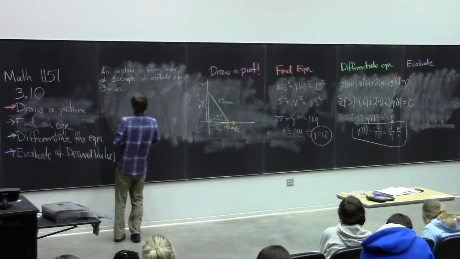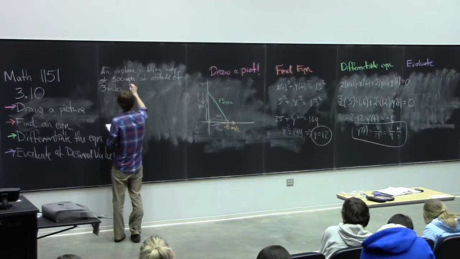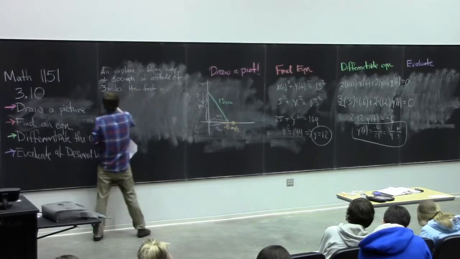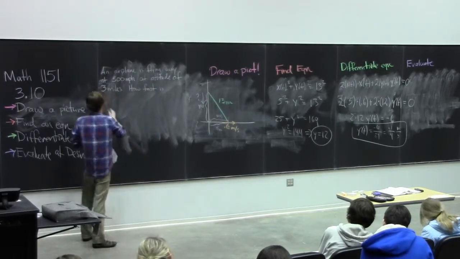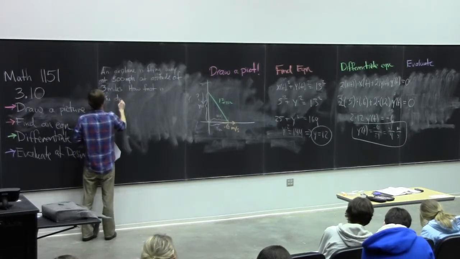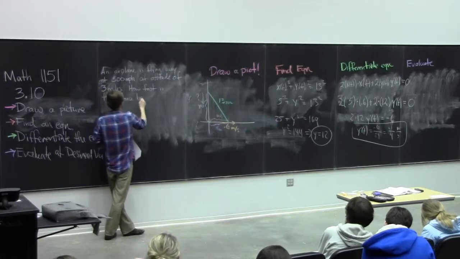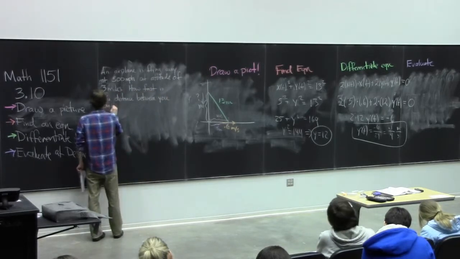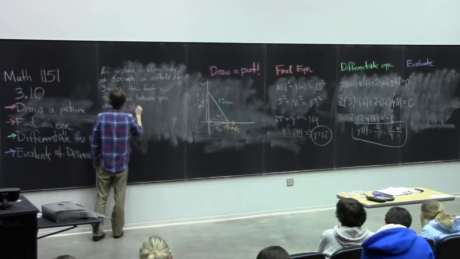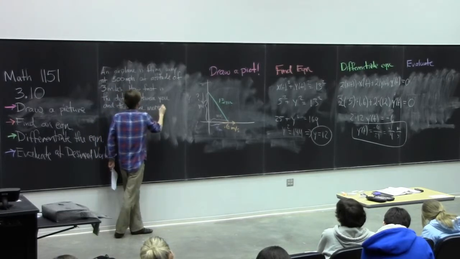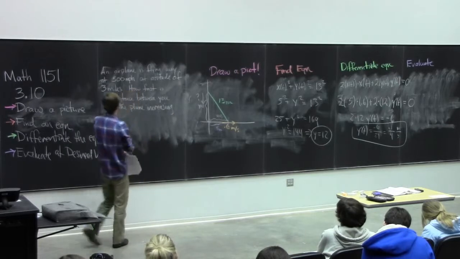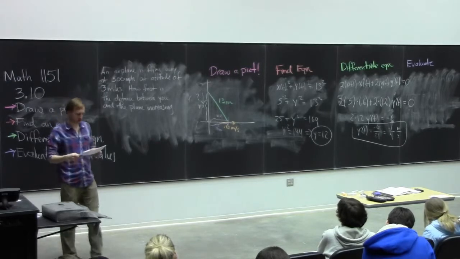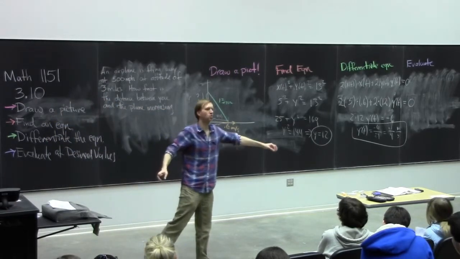How fast is the distance between you and the plane increasing when the plane is over a point 4 miles away from you?